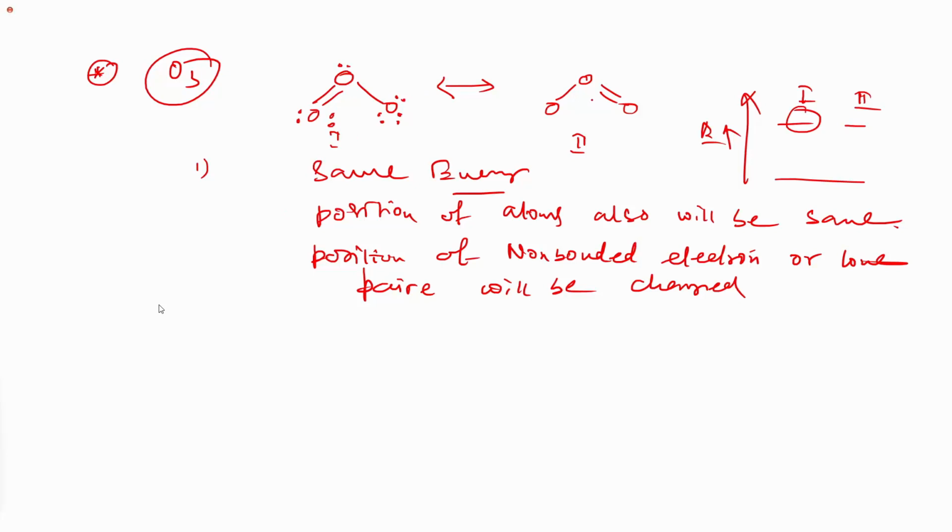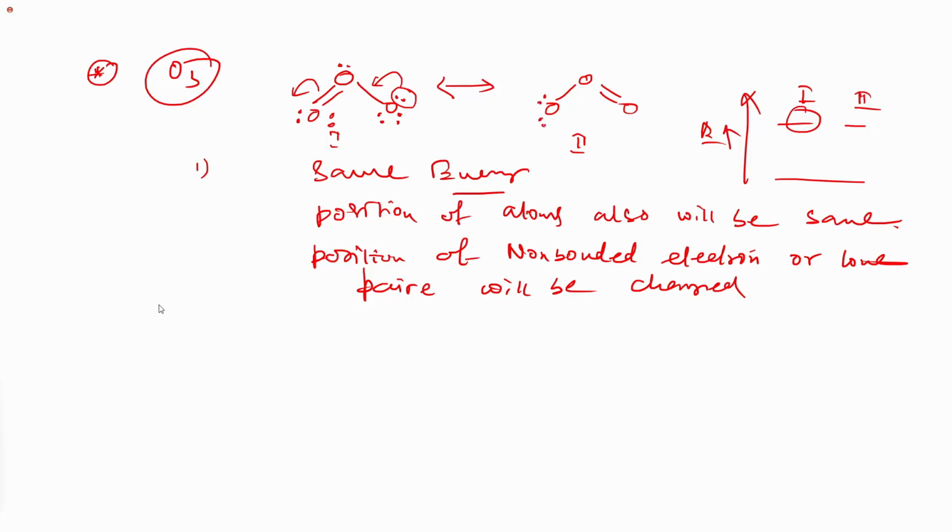To draw this other canonical form, you have to move this lone pair like that, so now this lone pair is here.